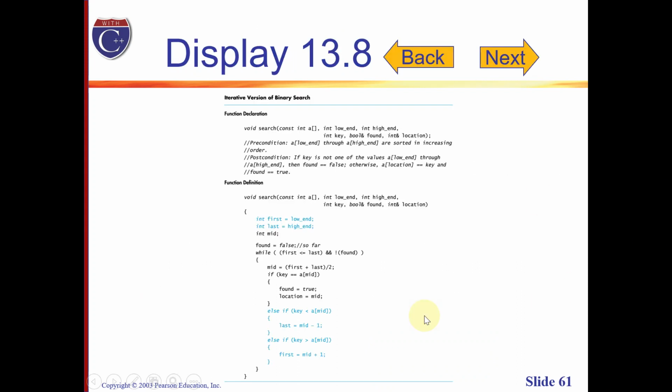And as you can see here, it works exactly the same as the recursive version, only that this time we are no longer using recursive calls. Instead, we are only using a loop in order for us to repetitively search for the key that we are looking for.